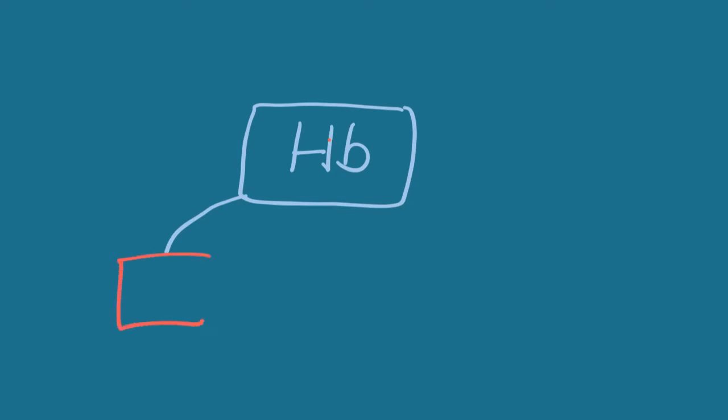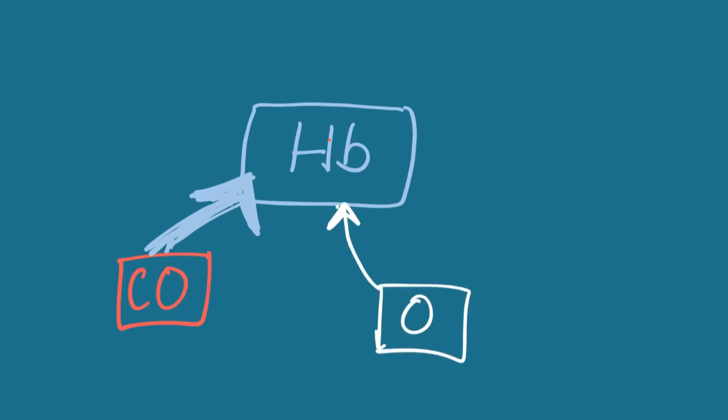There is a third molecule that binds to hemoglobin, and that molecule is a dangerous one. It is carbon monoxide. Carbon monoxide is not normally found in blood, but when it is, it has a very strong affinity to hemoglobin, to the point that hemoglobin cannot bind to oxygen, which it normally does.